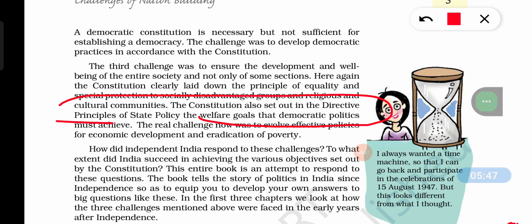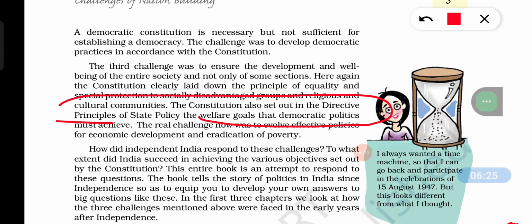If a question asks what were the main challenges faced by India, you have to mention that India faced many challenges. The first is unity, in which the main role was played by Sardar Vallabhbhai Patel. The second is democracy: our constitution granted fundamental rights, and people can elect their government themselves. The third, which we discussed a few minutes ago, is development.